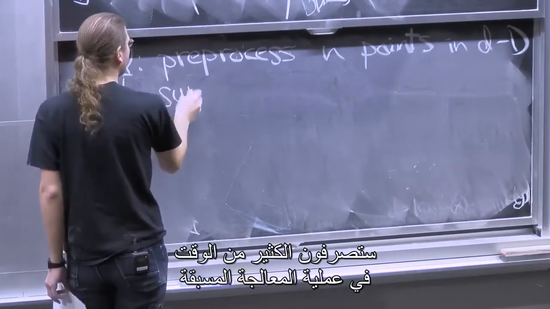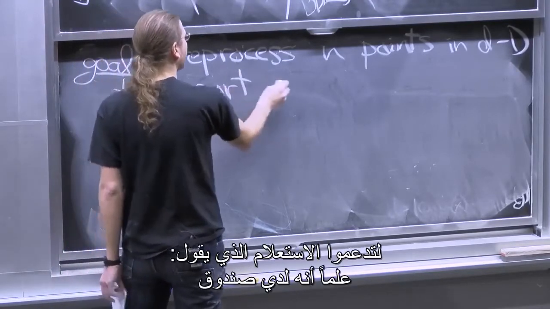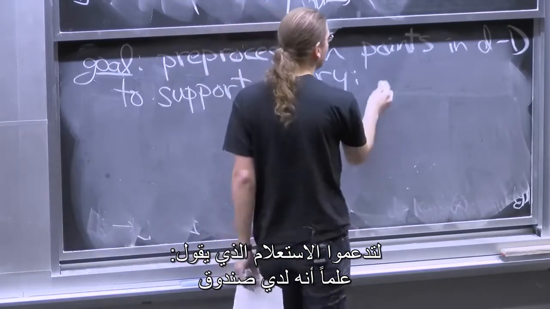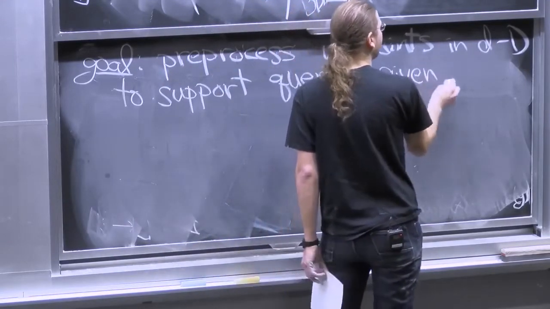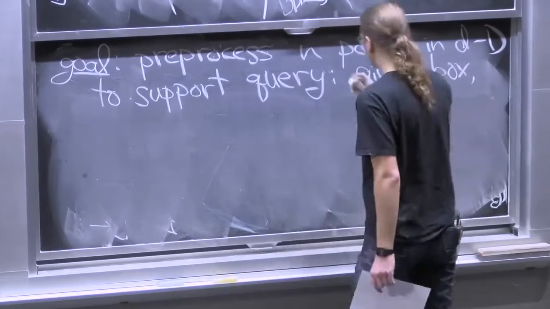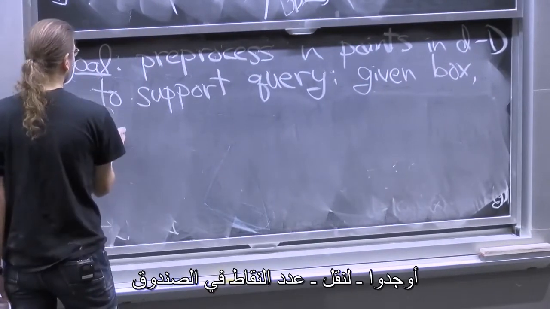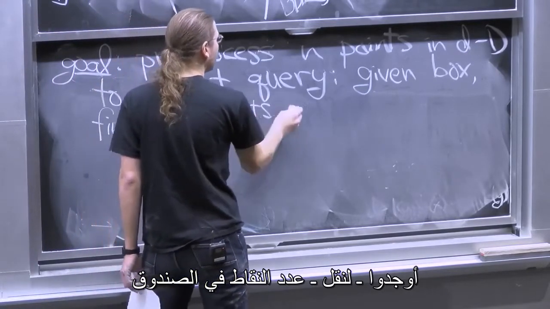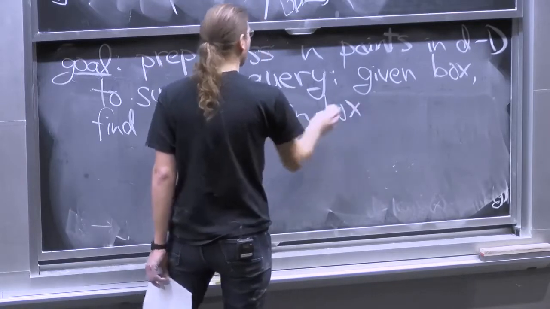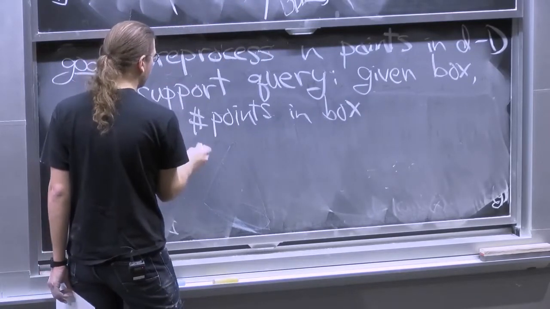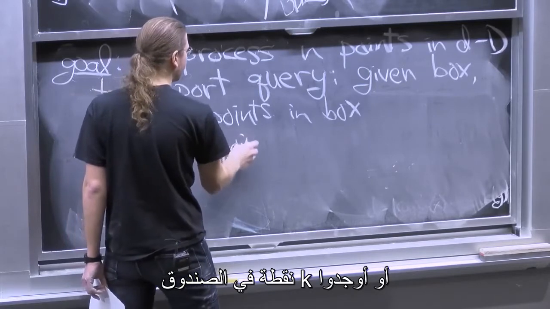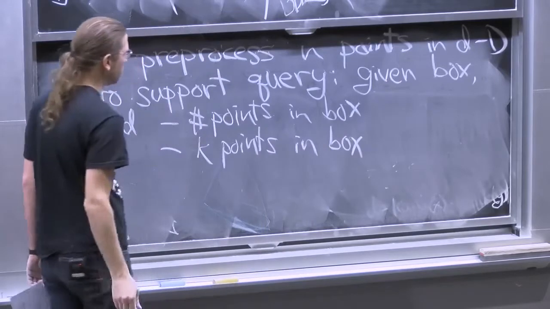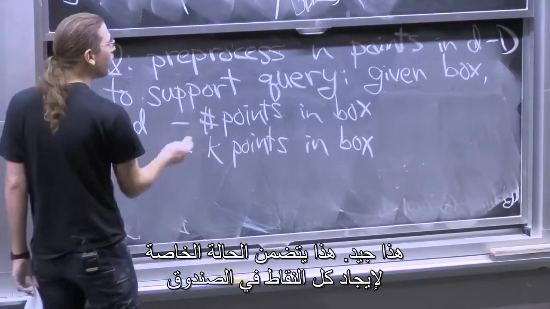So you get to spend a bunch of time pre-processing to support a query, which is, given an axis-aligned box, find, let's say, the number of points in the box, or find k points in the box. I think that's good. That includes a special case of find all the points in the box.